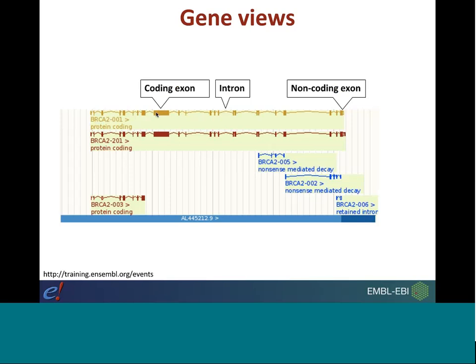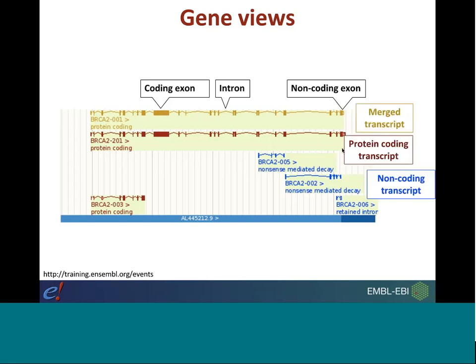The filled in boxes are coding exons, and the intervening lines are introns. You can see the non-filled in boxes at the very end here and here, for example. These are non-coding exons. This is going to be the 3' UTR, for example, in these two transcripts.